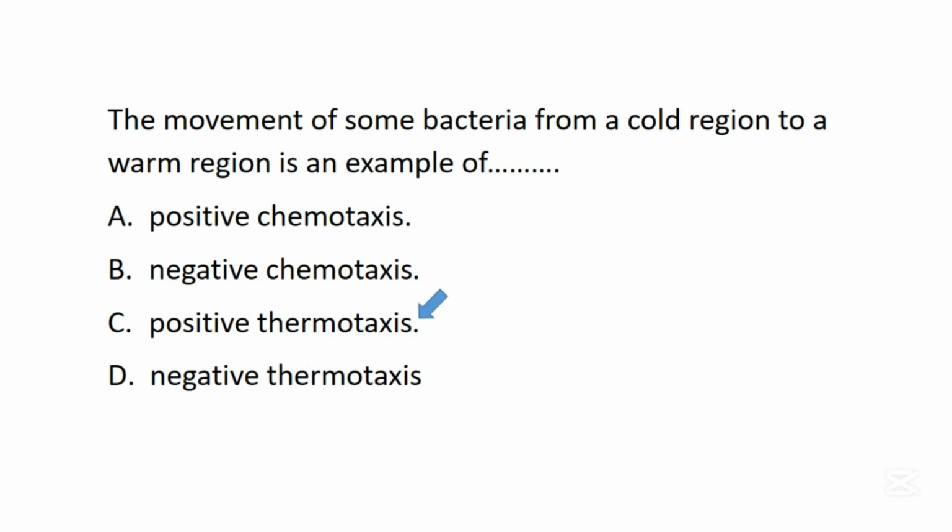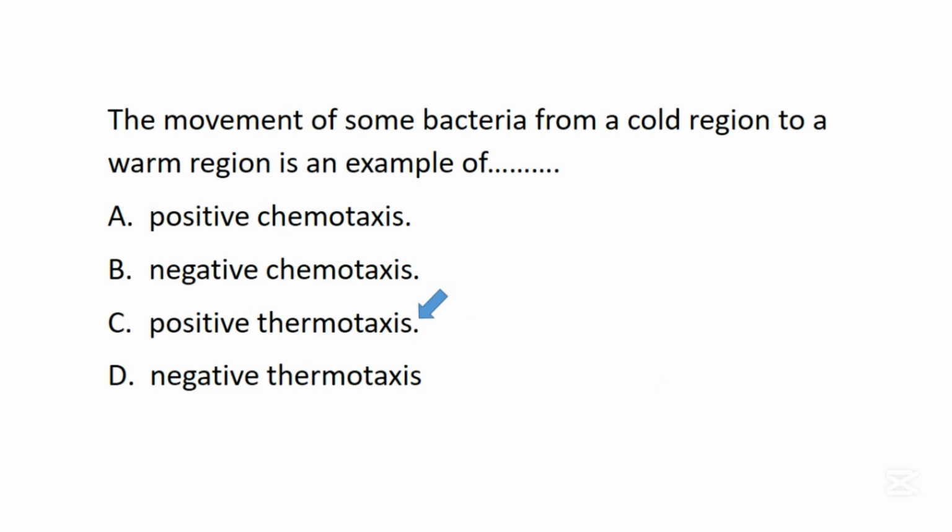Positive thermotaxis. Thermotaxis is a situation whereby an organism or a cell moves its whole body towards or away from temperature. So when an organism moves towards temperature, that type of response is known as positive thermotaxis.